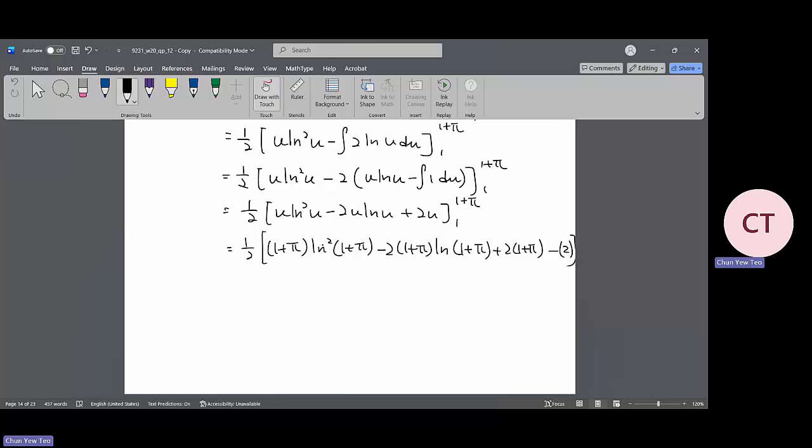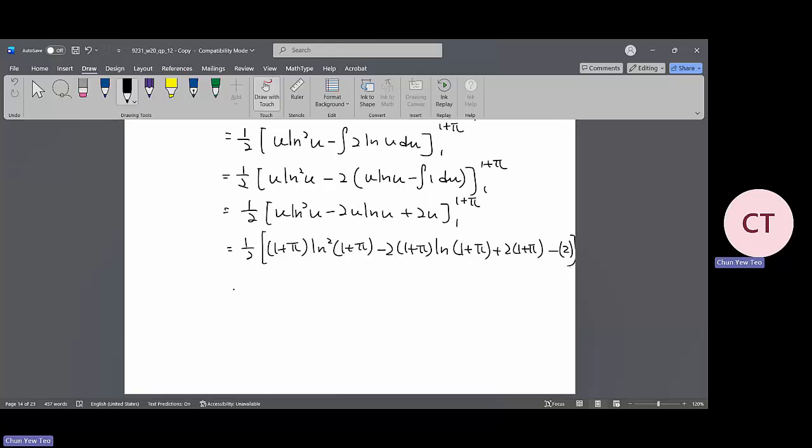Okay, because if you put 1 inside here and here, you will get 0. Only that when you put the 1 inside here, you will get 2. Okay, so this is what we have.